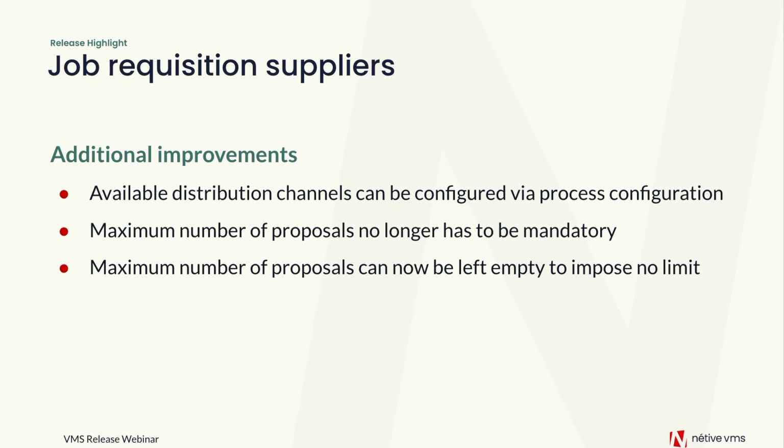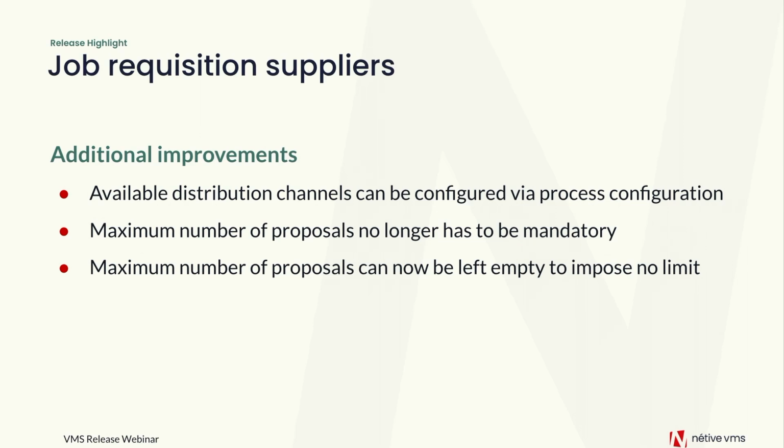We also made it so that the maximum number of proposals field no longer has to be mandatory, so this can now be left empty instead of always needing a value, and the maximum number of proposals will then have no limit.